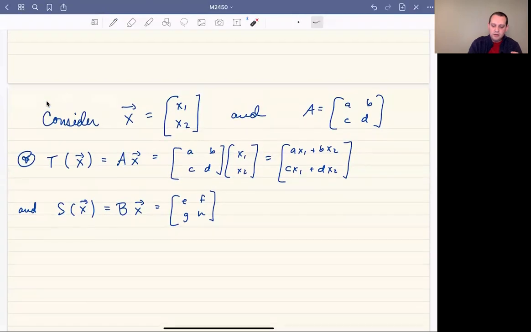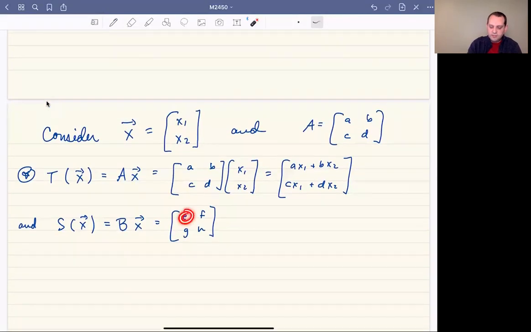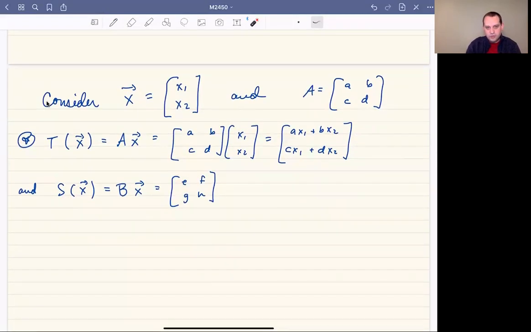I almost don't want to use E because it means something. I do not mean the number 2.718. I just mean generic. They're just placeholders, just like A, B, C, and D. So they're constants there.